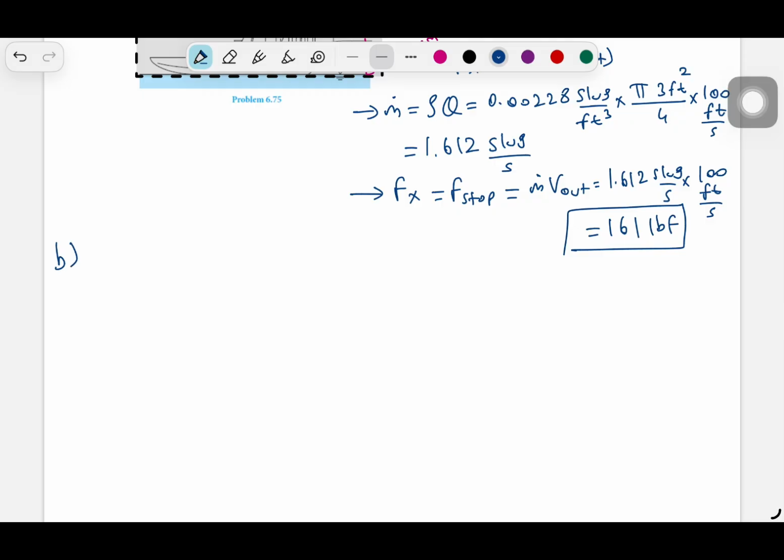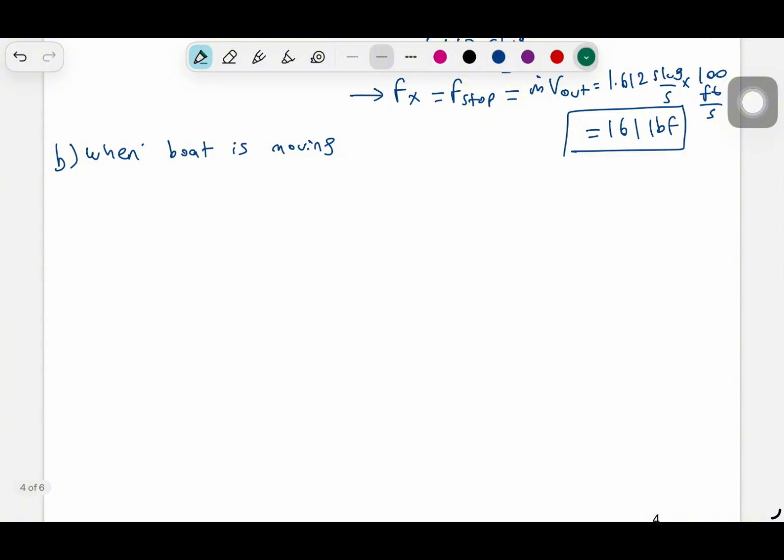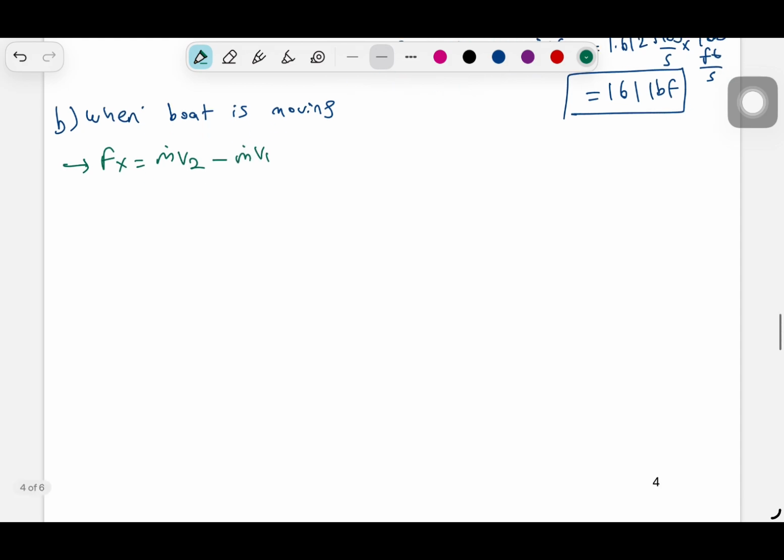And now let's look at when the boat is moving. So again, we are going to use out minus in, and we can write it like m dot times v2 minus v1. So it will be 1.612 slug per second.